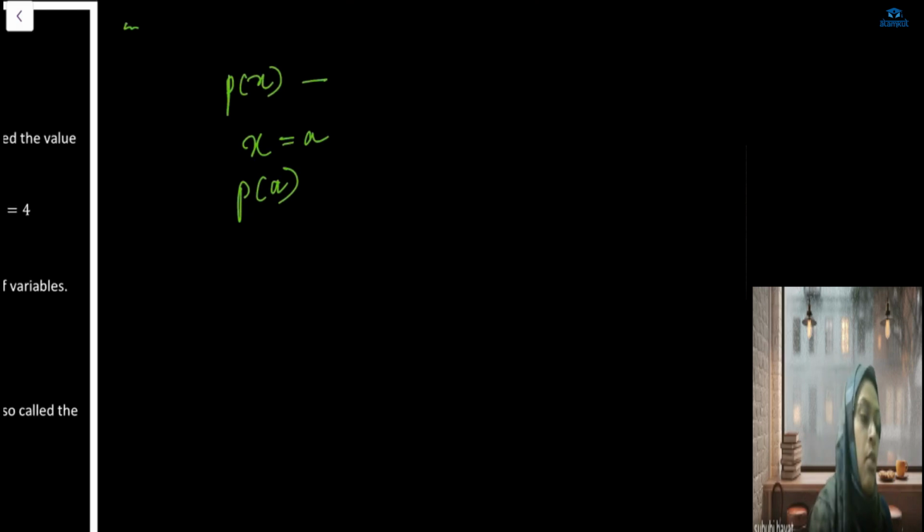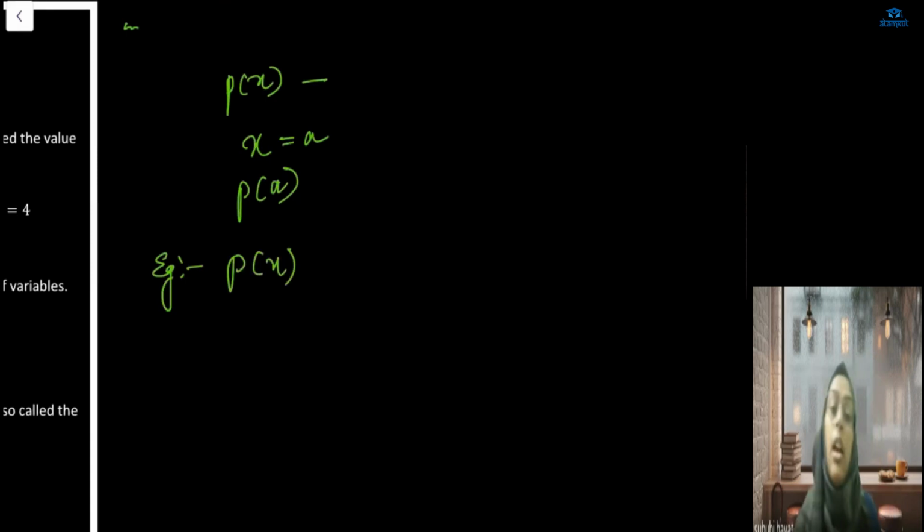Now let's take a proper example with a polynomial and understand how we can find the value of a polynomial. Example. As you know, p(x) is the way to represent a polynomial.